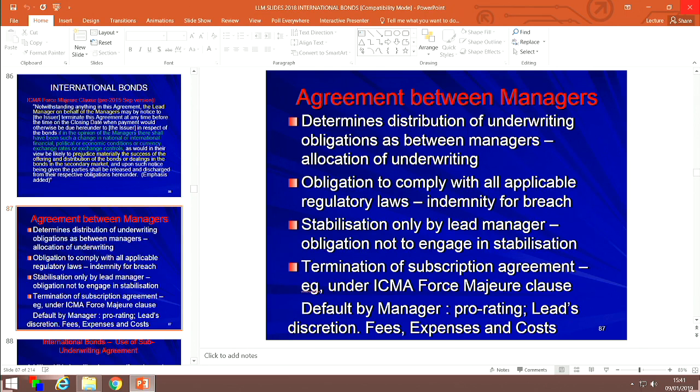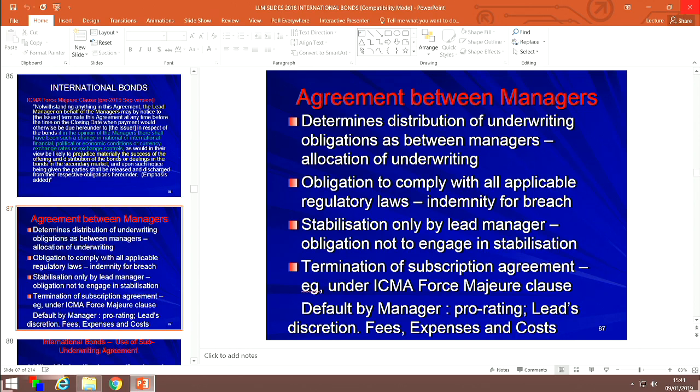So although as between the issuer and the underwriters have the right, you need to understand the contractual structure. As between the lead manager and the underwriters, the agreement between managers says, no, only the lead manager can do that. So there is a patchwork of contractual rights being created by these two agreements in the way they operate. And I think you need to try and understand how they interact.